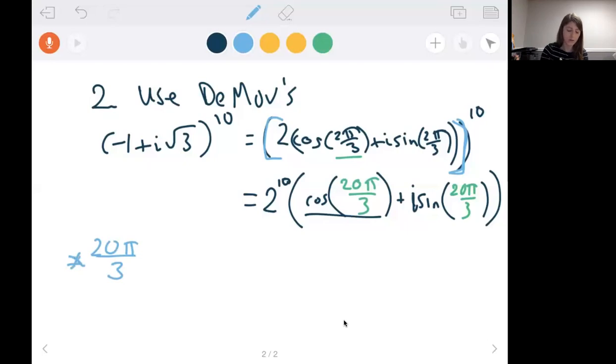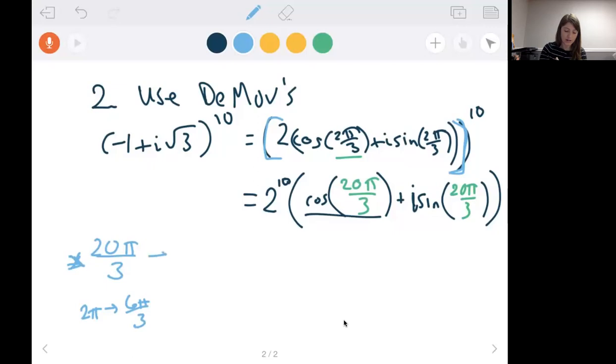But for our 20 pi over 3, you want to think about subtracting multiples of 2 pi. Think about 2 pi is going to be the same thing as 6 pi over 3. So we can subtract multiples of 6 pi over 3, or in this case, 18 pi over 3 would be 3 rotations.